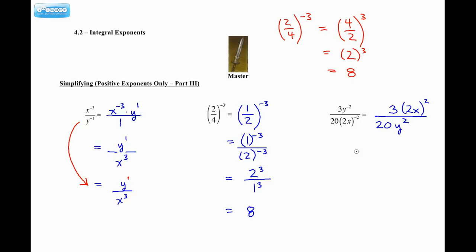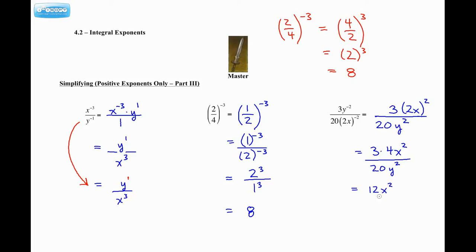So let's just try and tidy this up a bit. This is 3 times 2x all squared, which is 4x squared. And this is still over 20 y squared. So you can start reducing now if you want, or you can multiply and then reduce. Doesn't really matter. Numbers are small anyway.